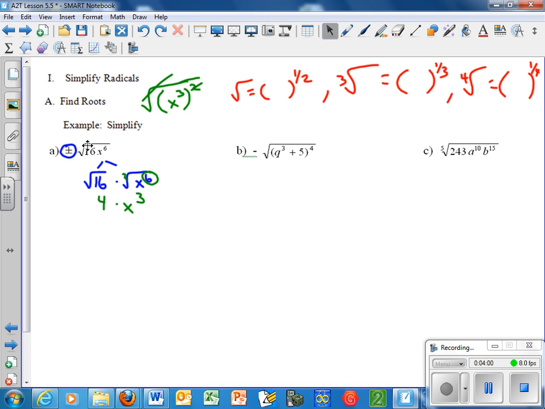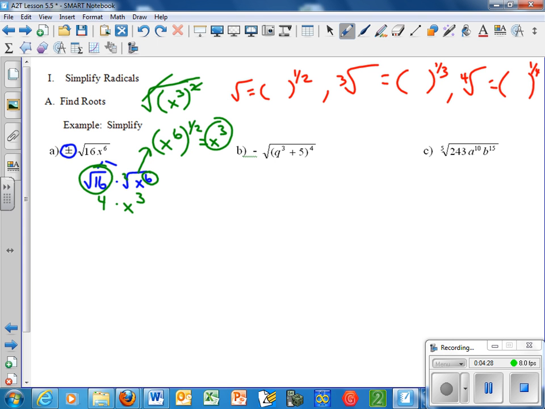So some things to keep in mind. What you really have is the square root of x to the 6th. Square root means 1/2 power, so x to the 6th to the 1/2 power. Power to a power says I multiply exponents. Well, that would be x cubed. So that's a way of thinking of it as fractional exponents also. I don't really do that with the number part.